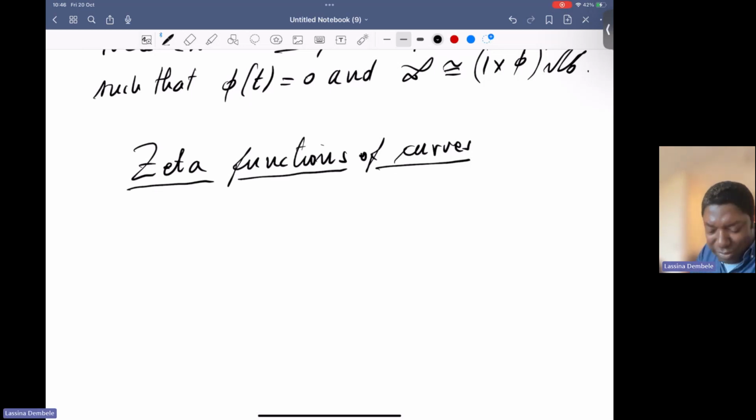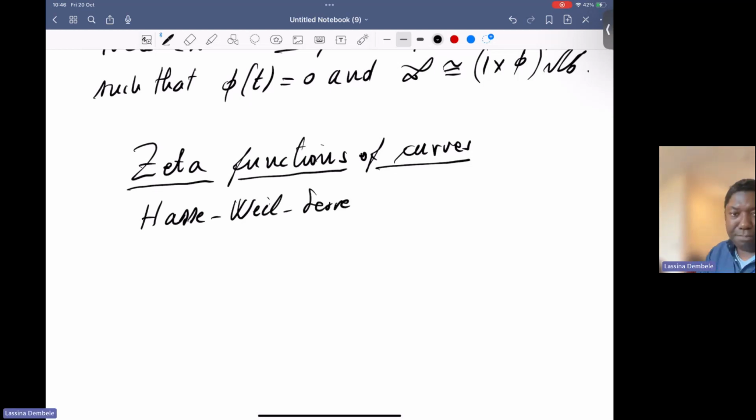Okay, so the first thing that we are going to talk about is the Hasse-Weil bound. Okay, theorem say. So what we're going to start with is this proposition.